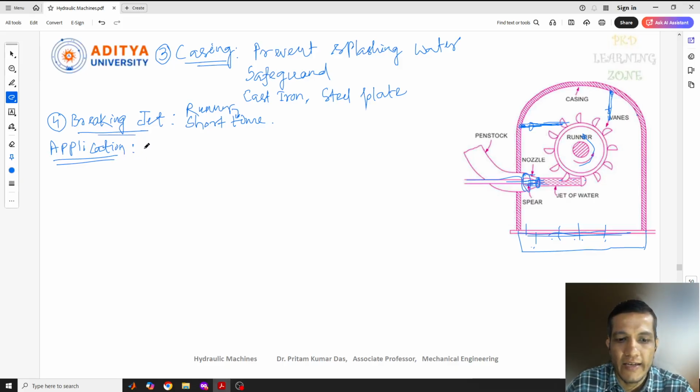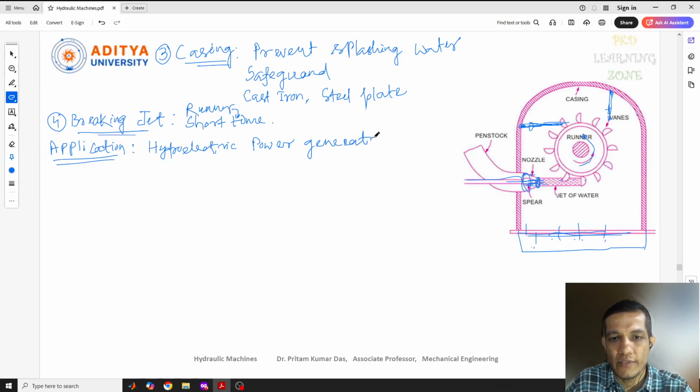So the first application I can write is hydroelectric power generation. This is one application, because it is the same diagram I showed you in our previous lecture.